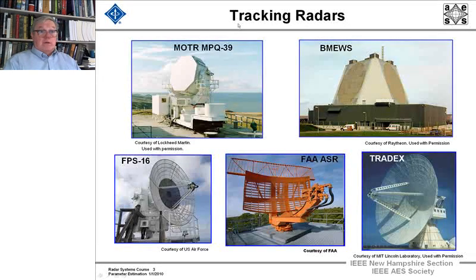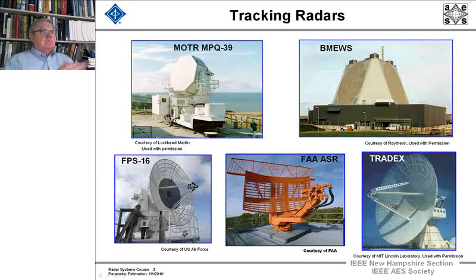Here are photographs of different radars that do tracking. Some radars perform multiple functions, like the Bemused radar, and what they'll do is perform a surveillance function, and then they'll track the different targets that they detect. And the same with the multiple object tracking radar, the MPQ-39, which performs at ranges.